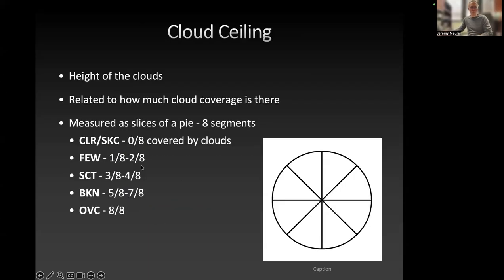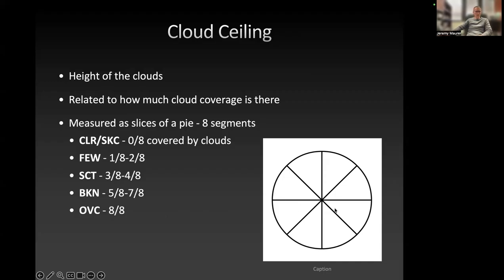Now, just by way of reminder, I believe we talked about this in the earlier weather theory section, but we can measure the percentage of cloud cover using these words. So CLR or SKC is 0 out of 8 covered by clouds. So we think of the entire sky as a pie. We divide that into segments.